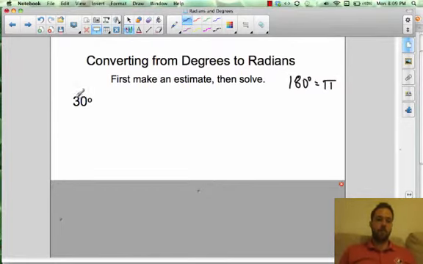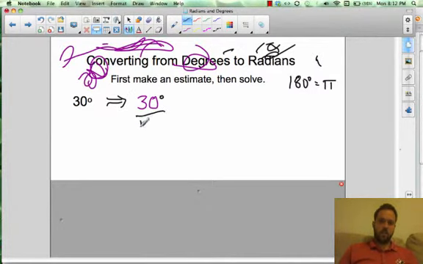Now, I mentioned before that 30 degrees is exactly 1/6 of 180 degrees. So our radian measure should be exactly 1/6 of pi. So there are a couple ways to do this. The best way, in my opinion, is to set up a proportion. 30 degrees is to 180 degrees what our unknown value x is to pi radians.